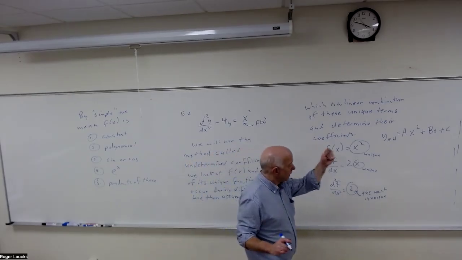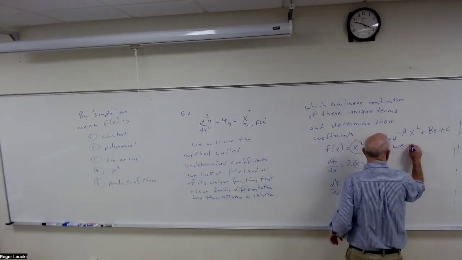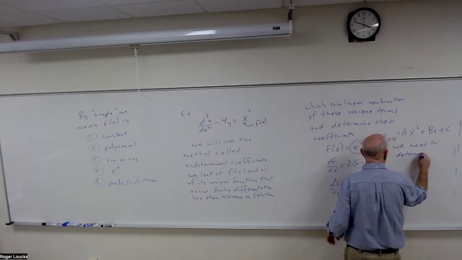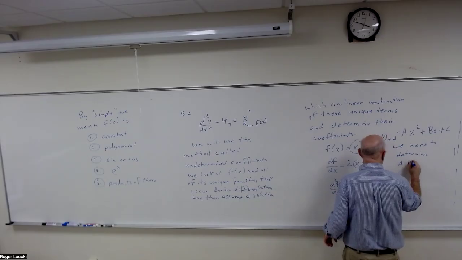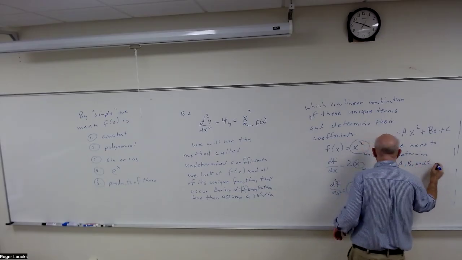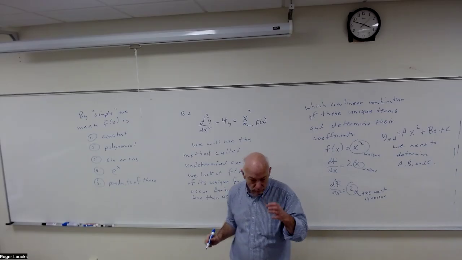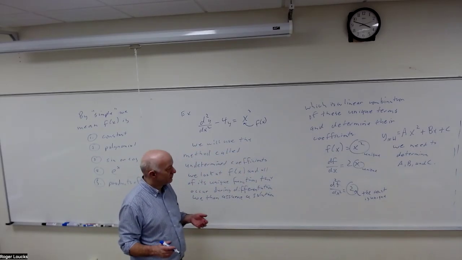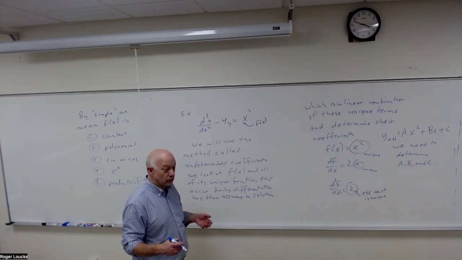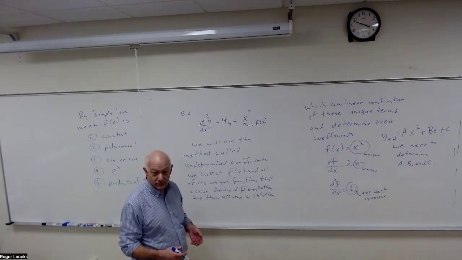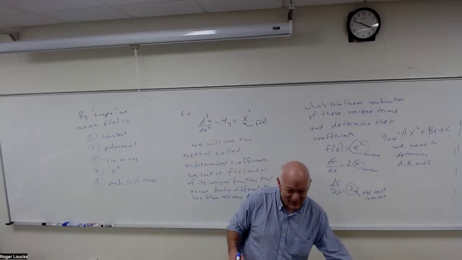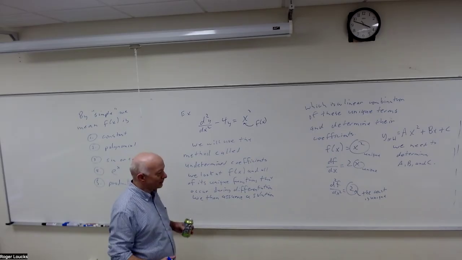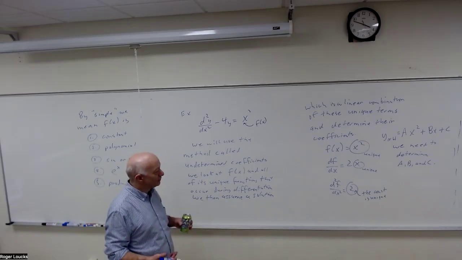So now we need to determine A, B, and C. And how do we do that? Take the curl, set it to 0. Or the divergence. We're solved. Okay? It's diabolically simplistic. A, B, and C are 0.